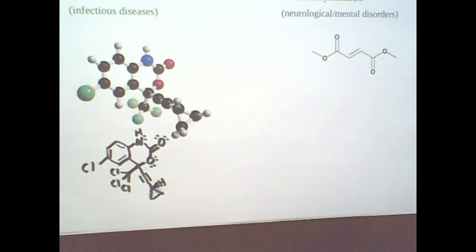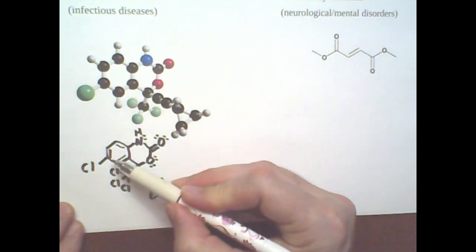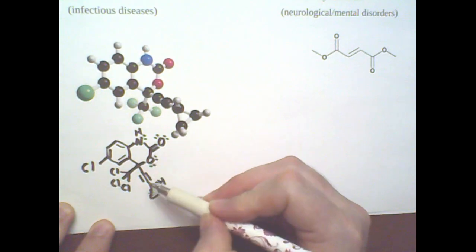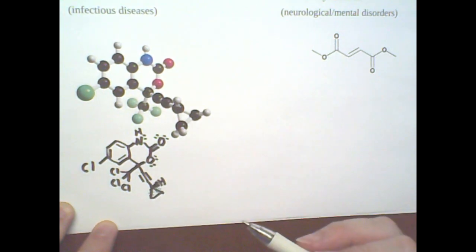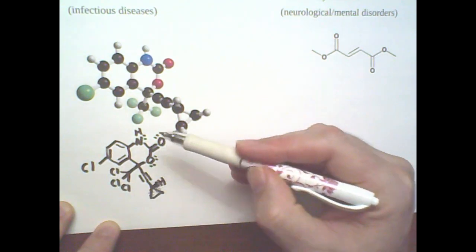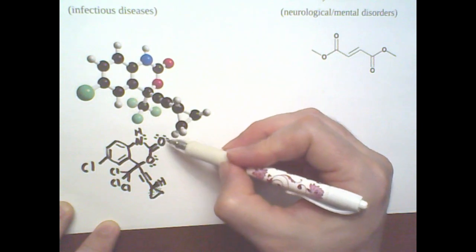So let's identify chiral centers. There are a whole bunch we can rule out. Anything on a benzene ring, anything else with a double bond or a triple bond can be ruled out. Anything out on an edge, anything with lone pairs.